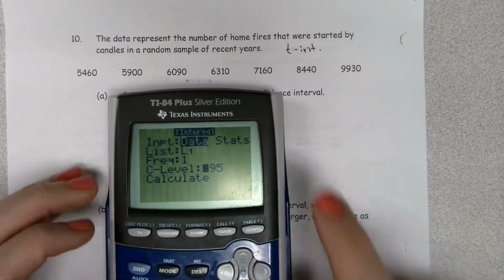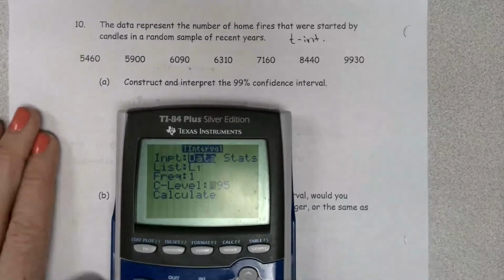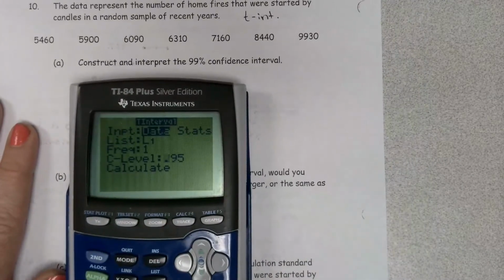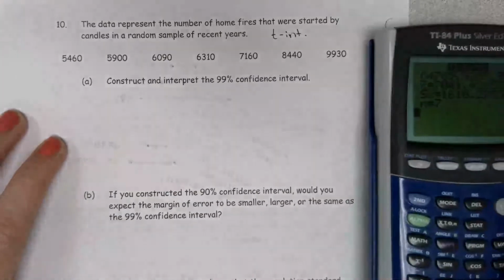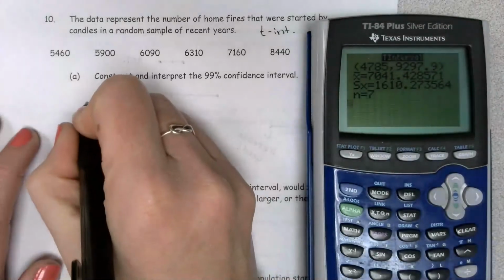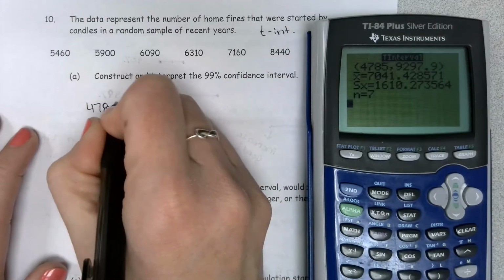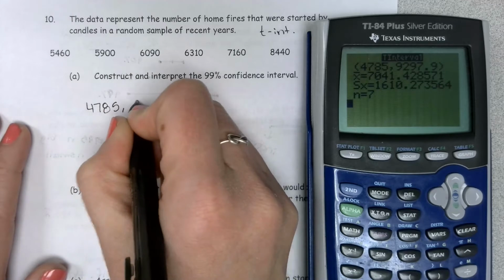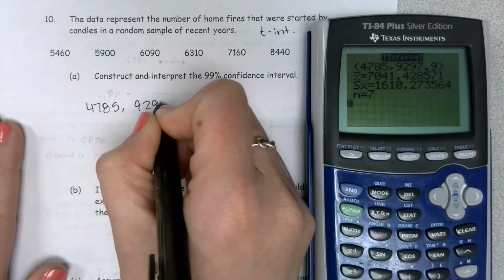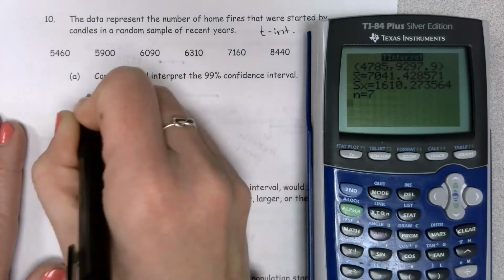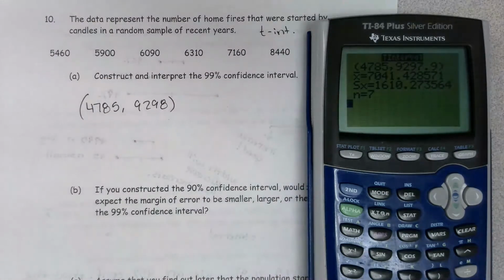So the only thing that I have to change for this problem is the confidence level, which it wants us to use 99%. Okay, so I now have a confidence interval of 4785 to 9297.9, so I'm just going to make it 9298, and there's my confidence interval.